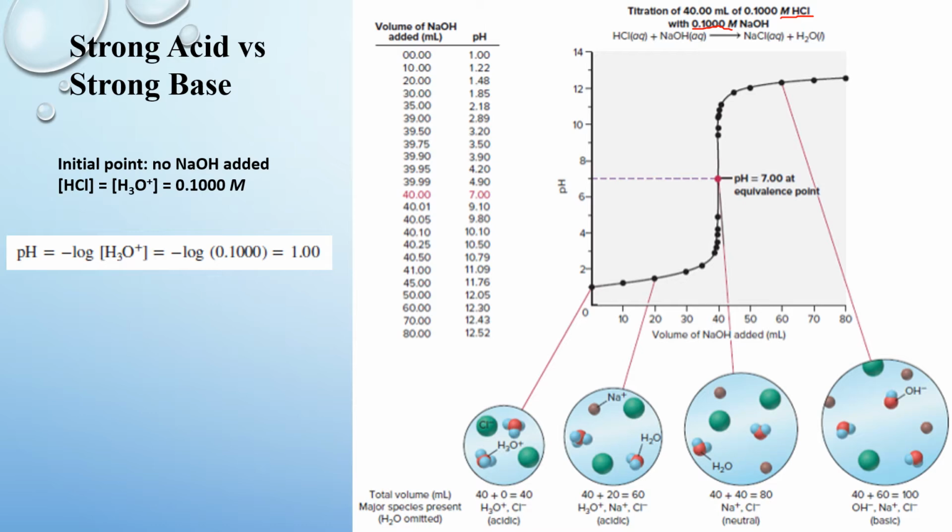At the initial point, when there is no sodium hydroxide added, the concentration of the protons is equal to the concentration of the strong acid, because the strong acid will undergo complete dissociation. So at the beginning, without the base, the concentration of the proton is 0.1 molar. Converting that to pH, the starting pH will be equal to 1. So when the volume added is 0, the pH is 1. That's the first data point here.